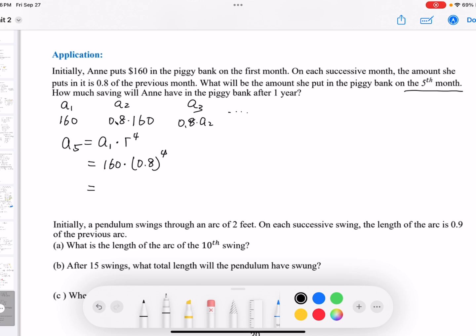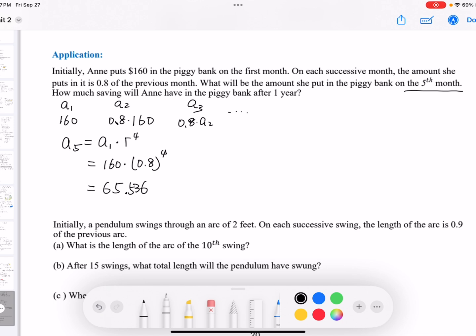So the fifth month she will put in, I think it's, use a calculator, 65.536. Okay, how about how much savings will Anne save in piggy bank after a year?